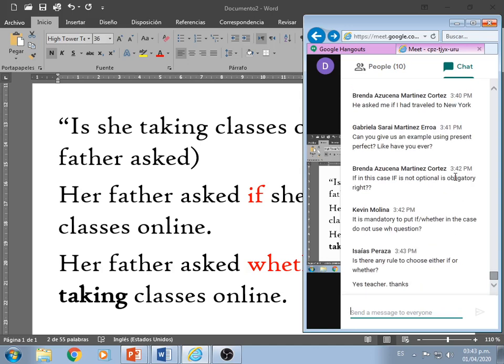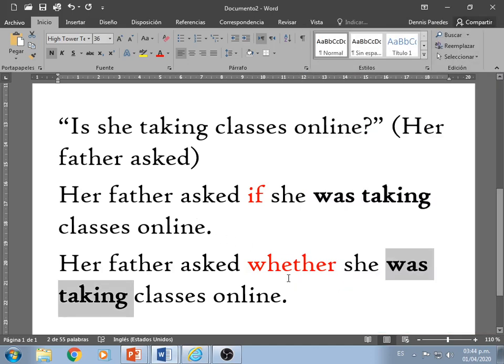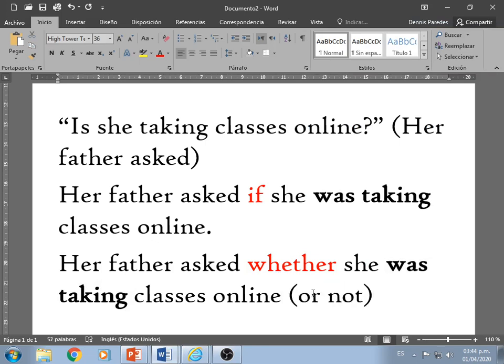Okay. Well, I'm going to finish with this. There is no rule. The thing is that when you use whether, you normally talk about two options. It will be like this. Her father asked whether she was taking classes online or not. The thing is that when you say whether, you imply two options.